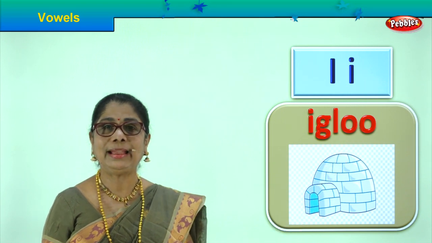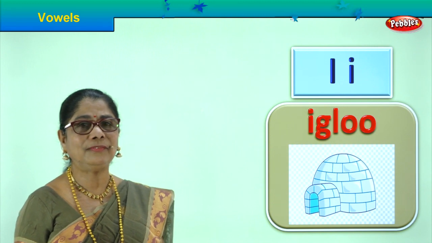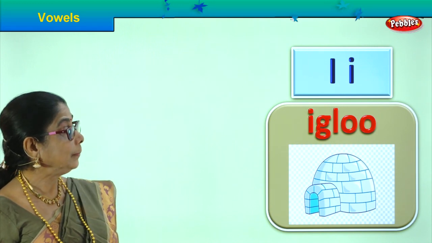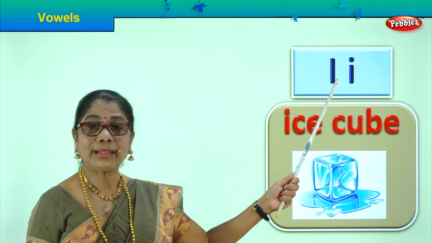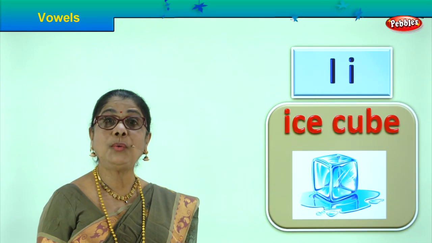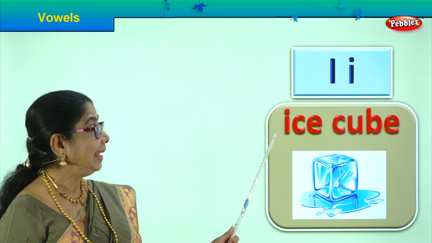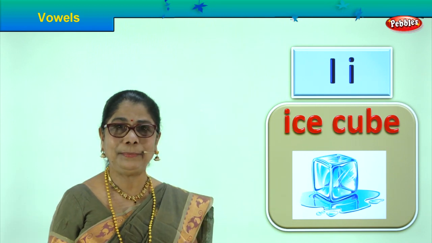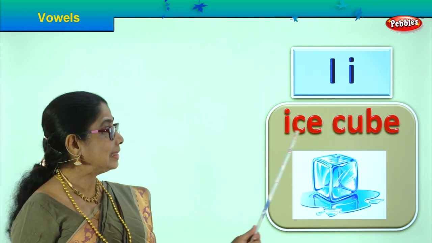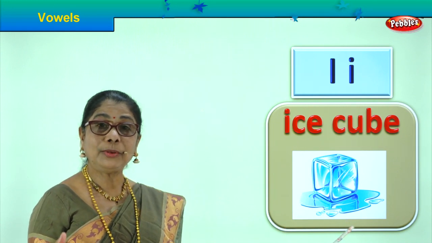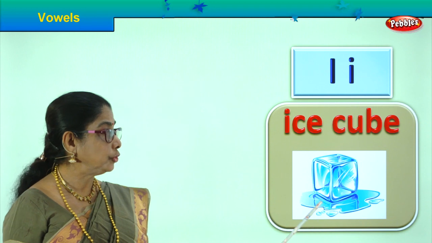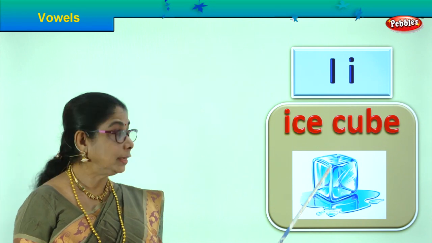Good. Let's take another word in the third vowel. Look. Letter I, sound E. Ice cream. Ice cube. What is an ice cube? You look into the fridge, Mama will show you, water becomes ice.